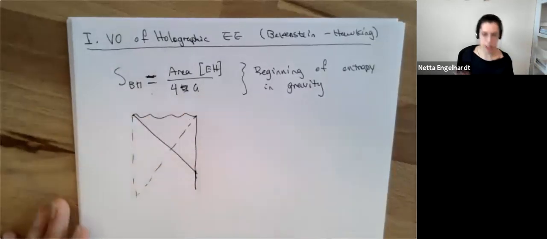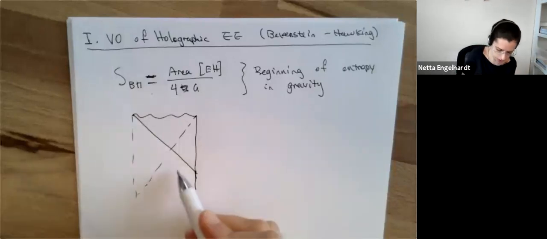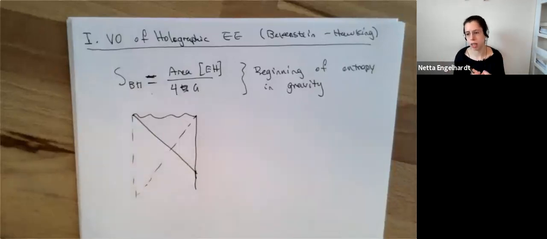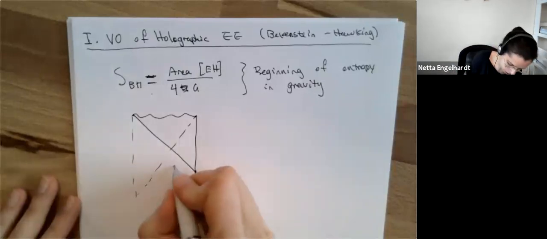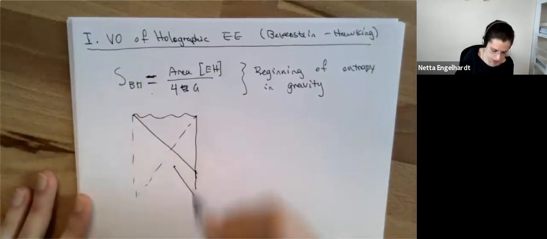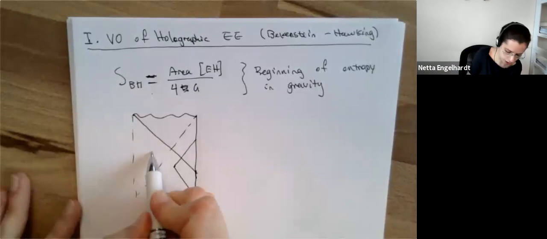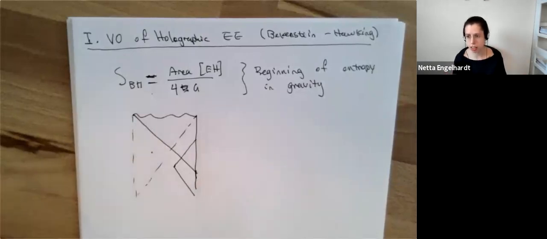You say, well, what's the region where I, as an observer, can both receive light rays from the asymptotic boundary and still send light rays to the asymptotic boundary? That's what the causal wedge is. If you're an observer sitting right here, certainly I can receive signals from the asymptotic boundary, and I can send signals to the asymptotic boundary. And if I'm over here, I can still get light rays from the asymptotic boundary, but I cannot send them.